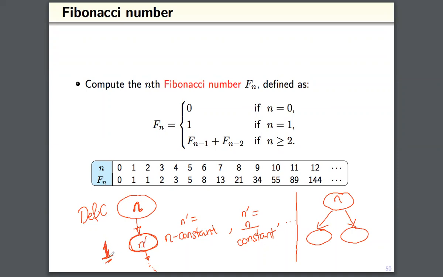Only one. So we call it decrease and conquer. For divide and conquer, as we saw in the case of array sum, you split the problem into two or more subproblems of size maybe n by some constant, and so on. There can be more, but there should be at least two, right?